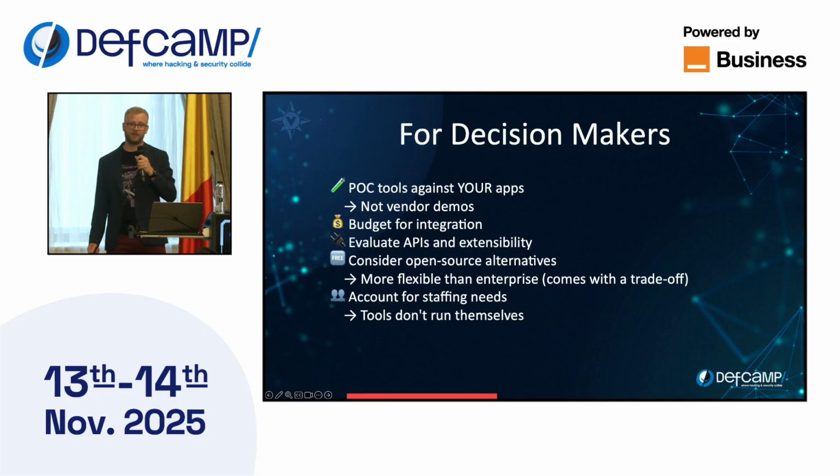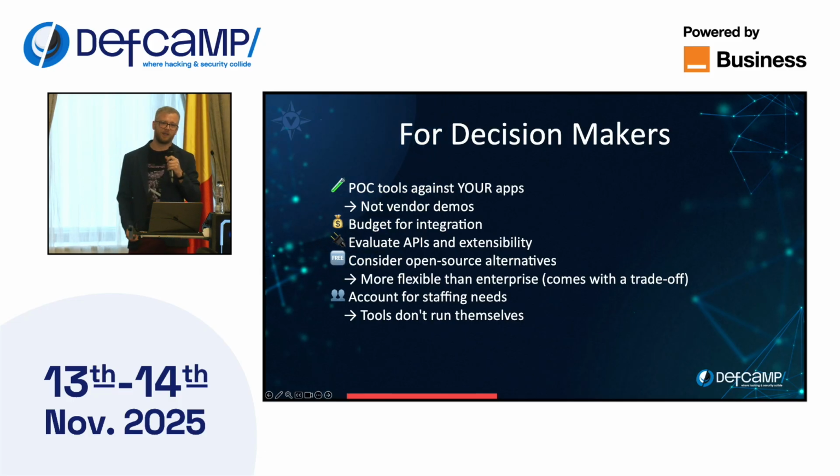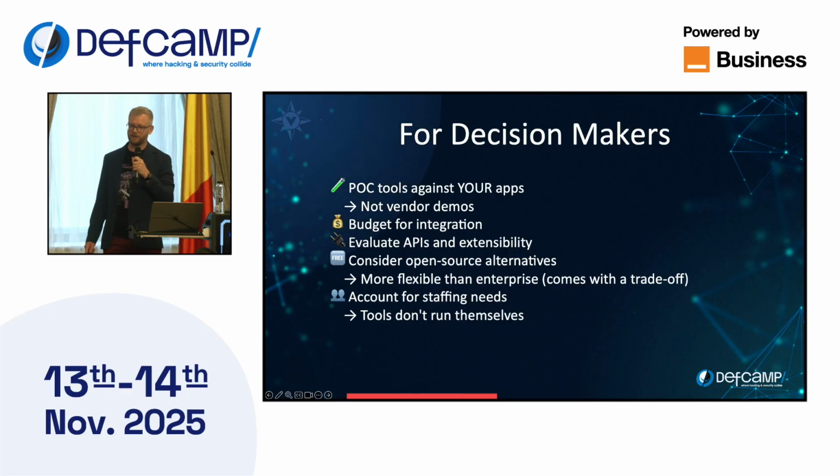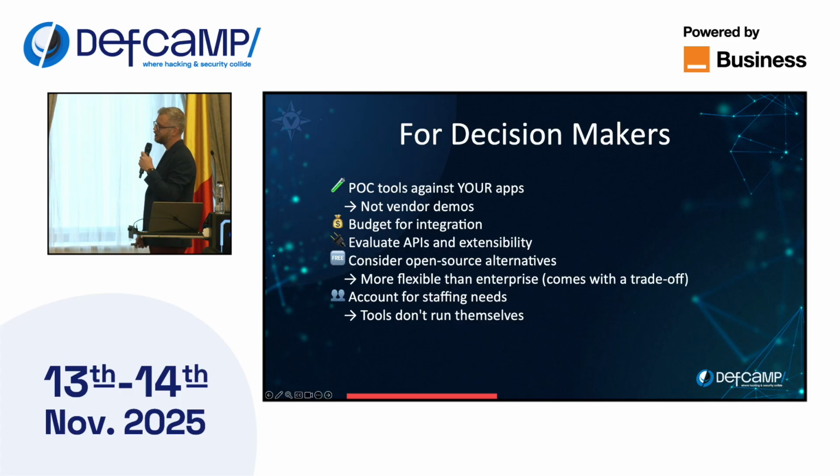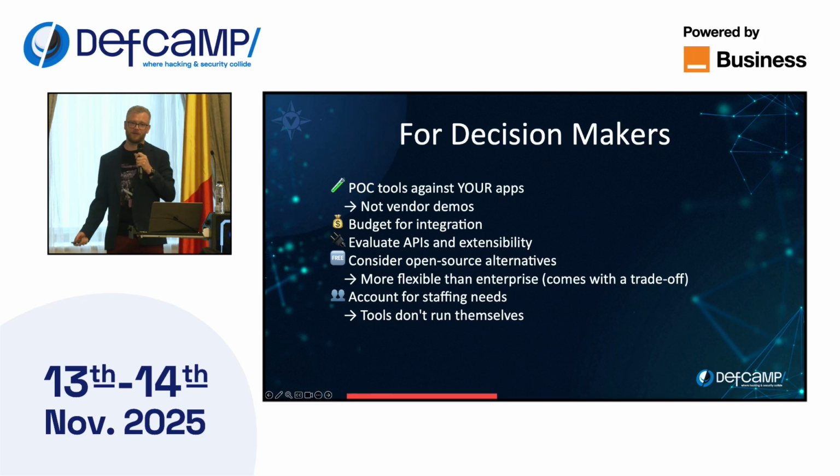You can also consider if you are, let's say, a smaller company that cannot afford big budgets for big application security tools. Well, look for alternatives. Open source may actually be a good option for you, and then you can scale afterwards.